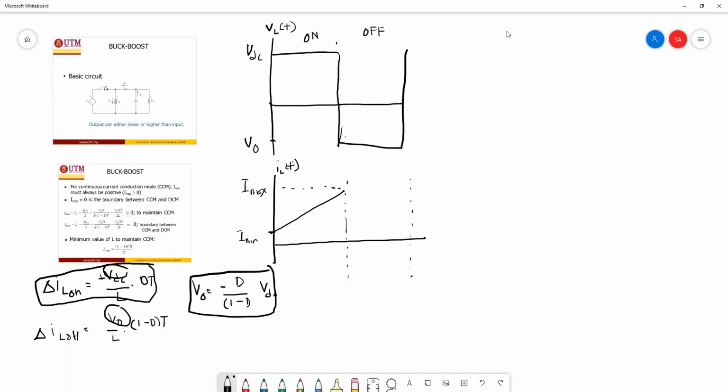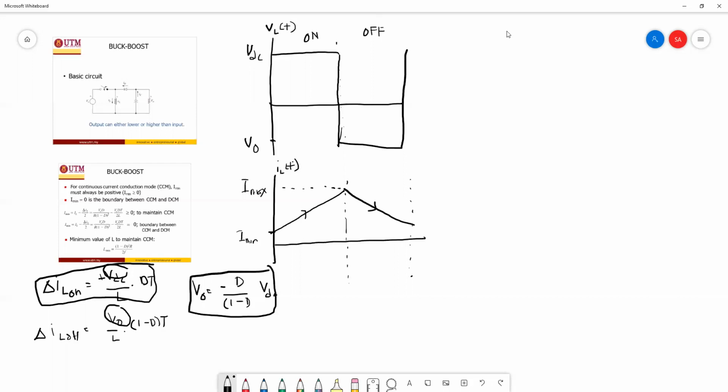During turn off, we still have this equation, V out over L times 1 minus D times T. Even though it looks positive, it is actually negative because our V out is always negative, so we have a negative change. Positive and then negative.